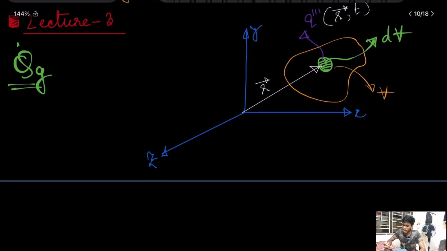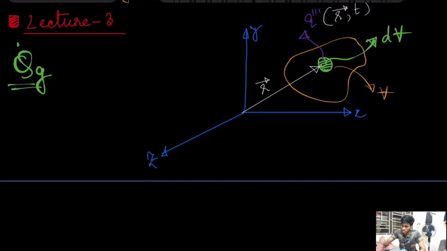If q triple prime is the heat generation rate per unit volume in the elemental volume dV, then what will be the total heat generation rate within the volume dV?